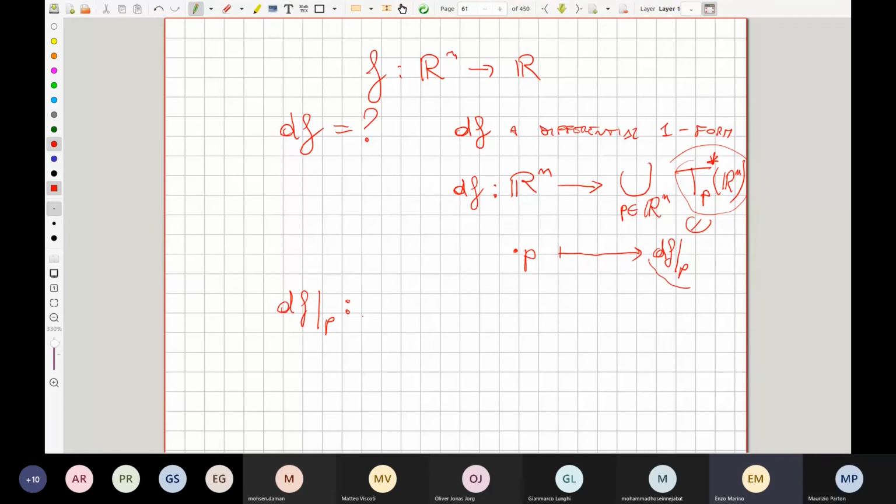Should be a map from the tangent space to R. Please don't say Rn, but the tangent space in the point P. This is very important. It is Rn only in this special case, but it is the tangent space. Perfect, a map to R.